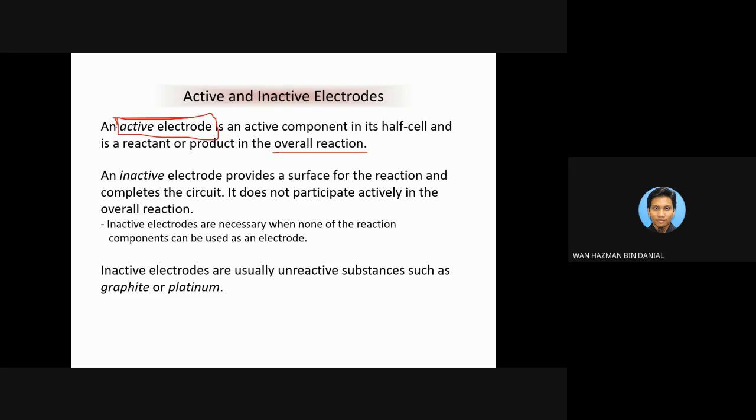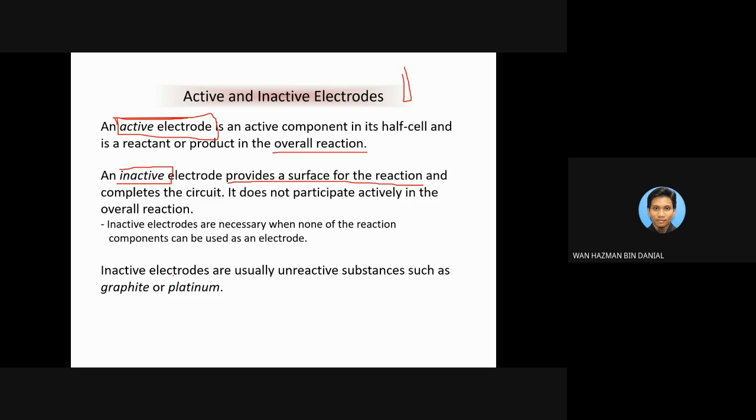Maksudnya dia involve macam zinc dengan copper tadi. Zinc tadi dia adalah electrode dan dia participates dan dia active component in the overall reactions. While the inactive electrodes ni dia tak participate pun, cuma it provides surface for the reactions and completes the circuit.